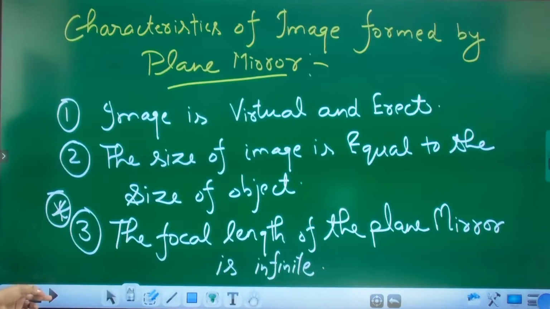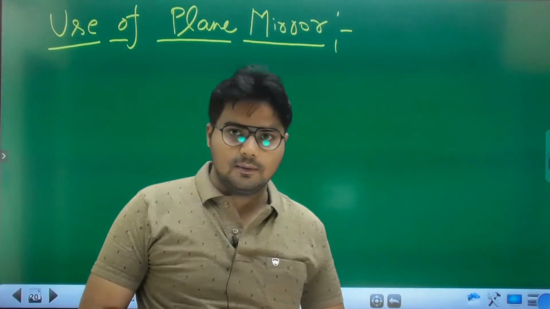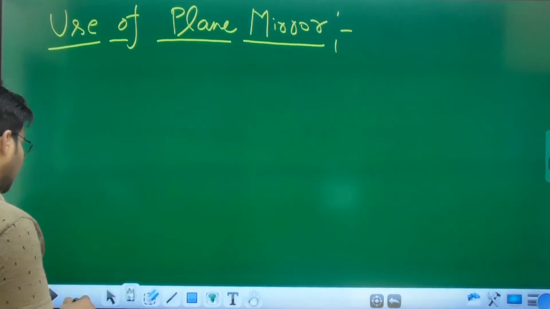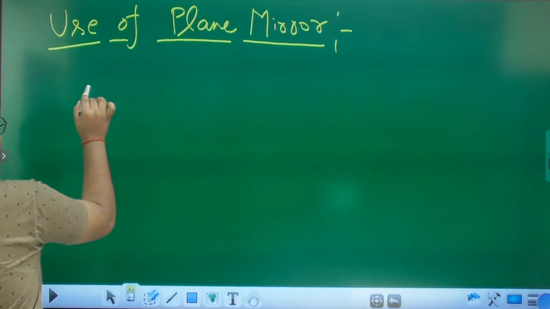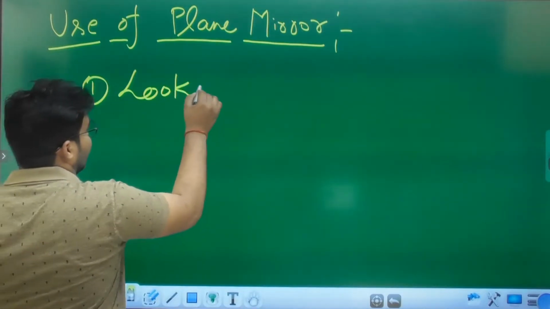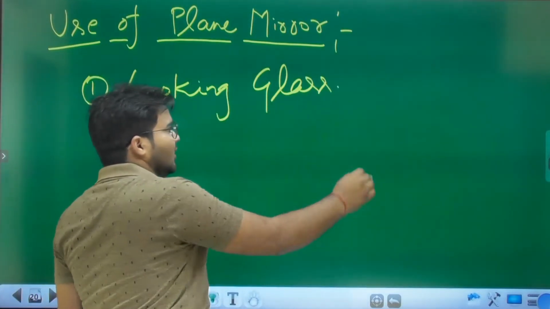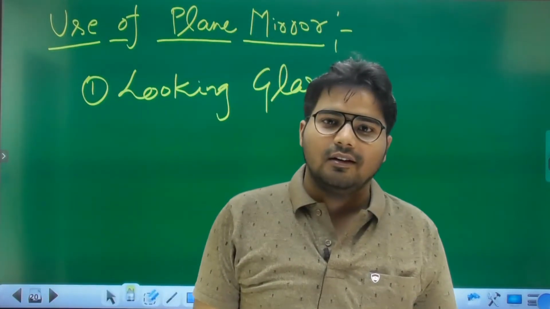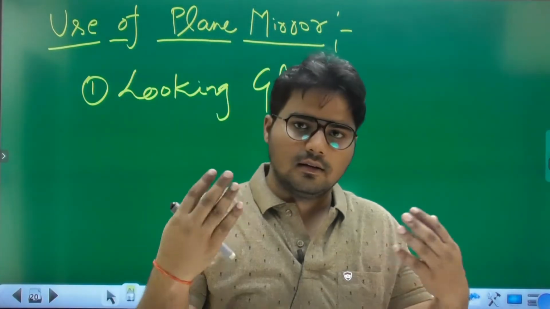Clear? Now move to the next one, uses of plane mirror. We will also discuss the uses of plane mirror. So let us see. The first use is in a looking glass, ठीक है, we have to see our face or our body in the glass.